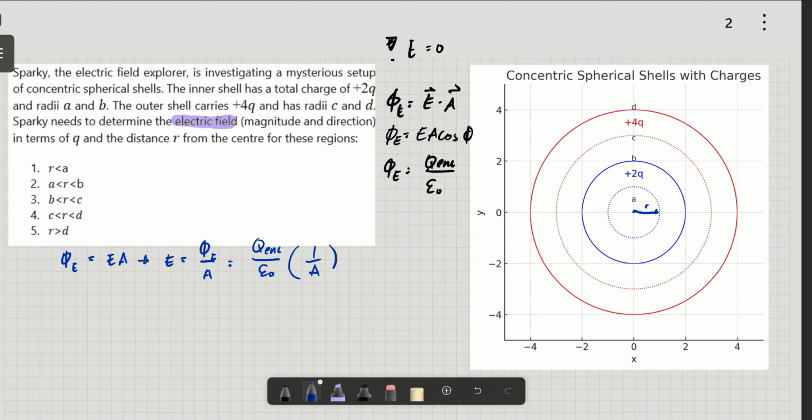We don't have any charge here yet, and also by definition E is equal to 0 if it is a conductor. So your E here mathematically must be 0.